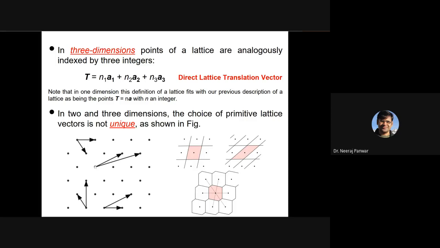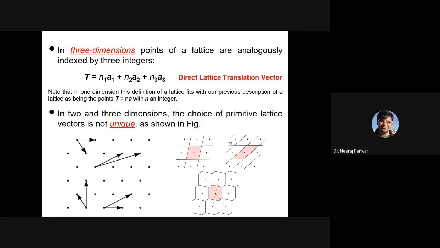For example, somebody says, I don't want this choice of basis vectors, now I want to choose this way. Well, fine, you can go ahead. You can choose basis vectors according to this. So there are no restrictions on choosing the basis vectors.